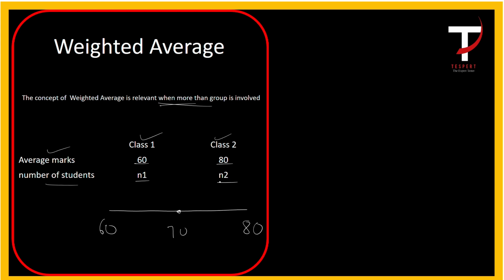If n2, that means the students of class 2 are more, then this average will tend to move towards the higher value. If n1, that means the students of class 1 are more, then the average tends towards the lowest value.